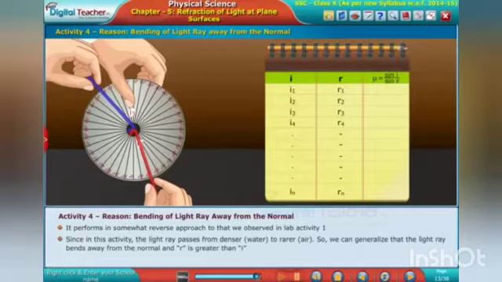Since in this activity the light ray passes from denser water to rarer air, we can generalize that the light ray bends away from the normal.